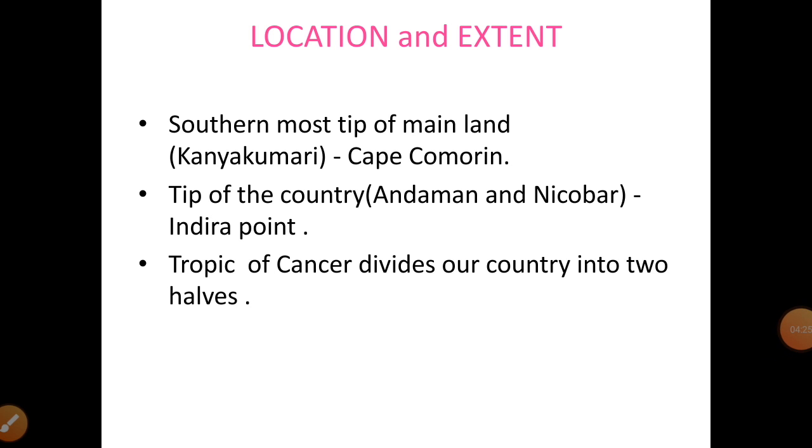Next, location and extent. India is located in northeastern hemisphere. The southernmost point of the country, that is, when you consider our whole country, including the Union territories, is located in Andaman and Nicobar, and this point is also called Indira Point. In our mainland, southernmost point is located in Kanyakumari, and this point is called Cape Comorin.